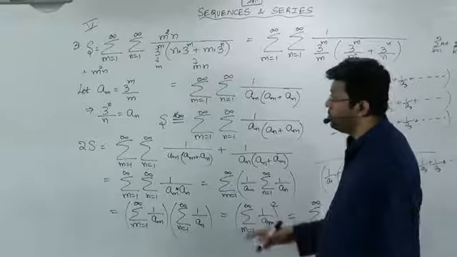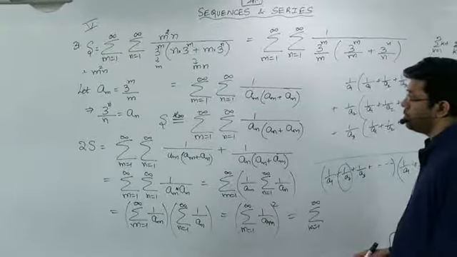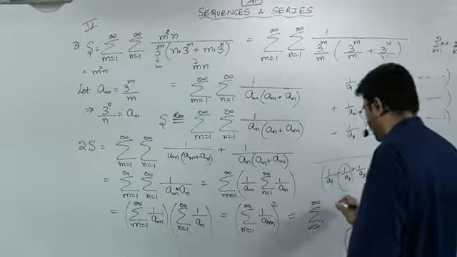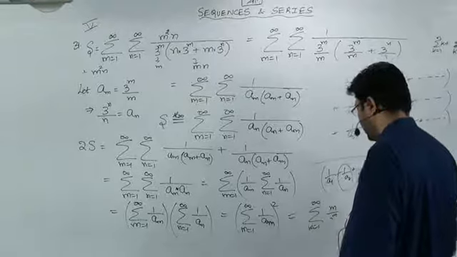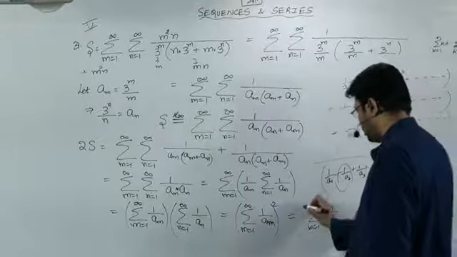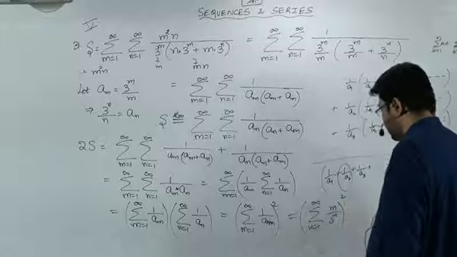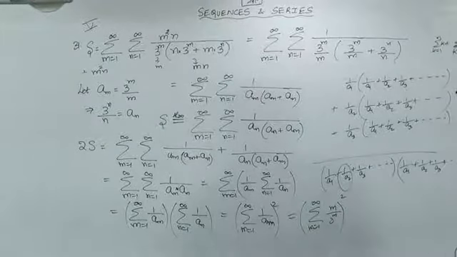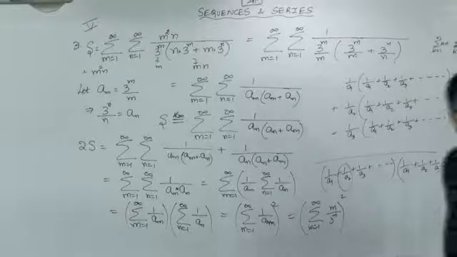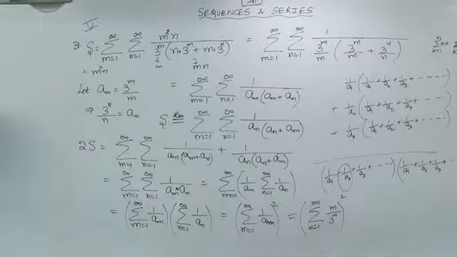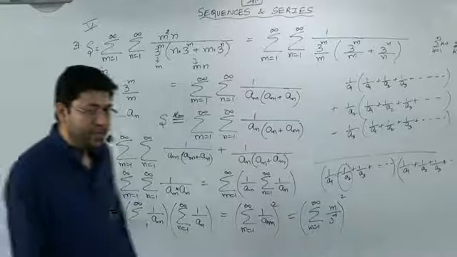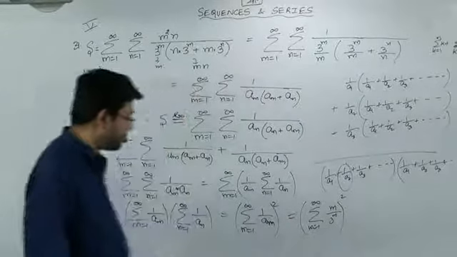Now 1 by am is nothing but m by 3 power m. What is this summation?